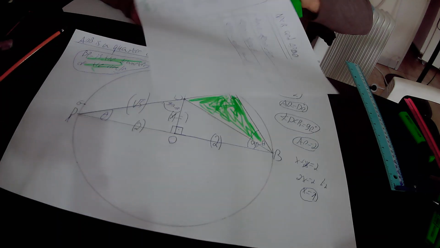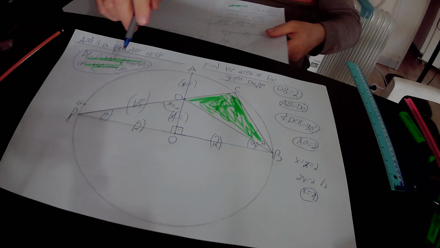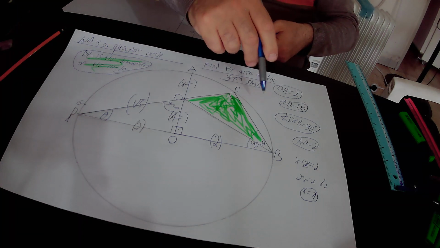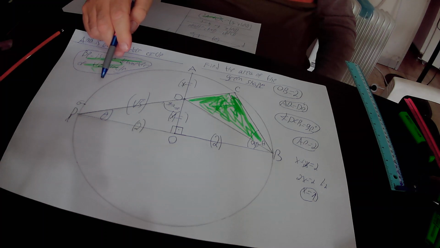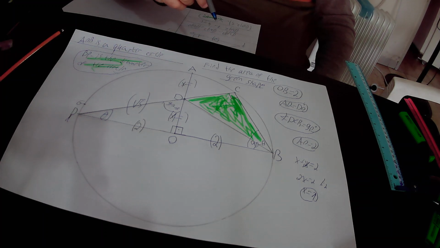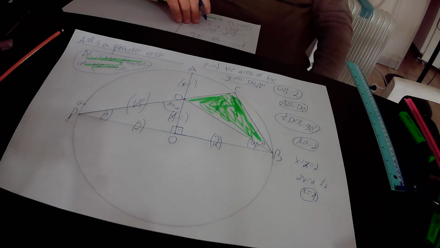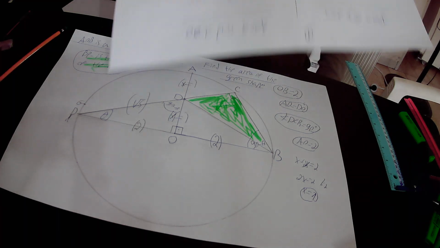So actually we found out that all the angles of the right big triangle PCB are correspondingly equal to all the angles of this right small triangle PDO. Therefore, the right triangle PCB is similar to the right small triangle PDO according to the angle similarity rule. So I write it down.